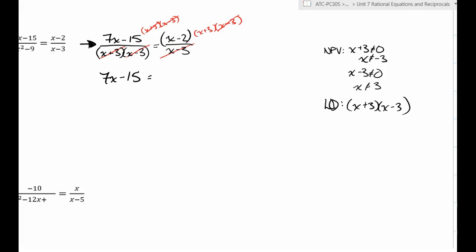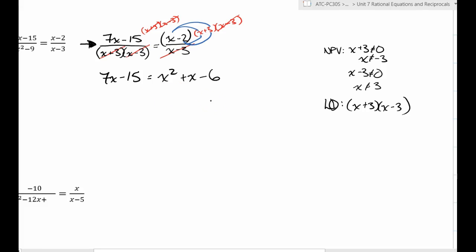So I'm going to need to FOIL that out. So firsts, outsides, insides, lasts. Just like we did in grade 10. So we've got x squared plus 3x minus 2x is plus x, and then minus 6.